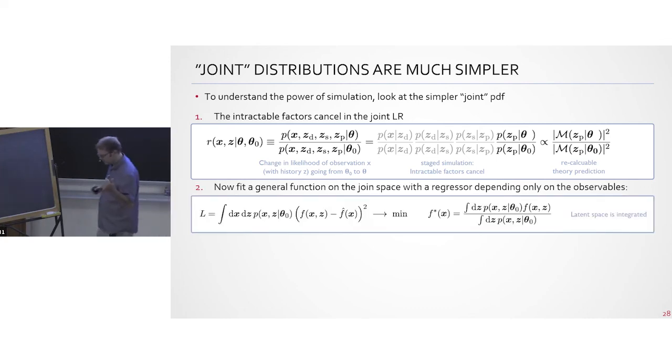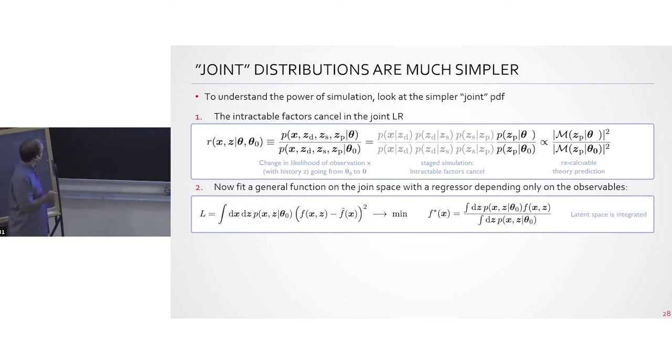That's the first ingredient. The second ingredient is, when we derive a classifier, we always regress, and the regressor can only depend on the observables, while in the simulation, each event will give you an observed set of features, but it will carry its history with it.